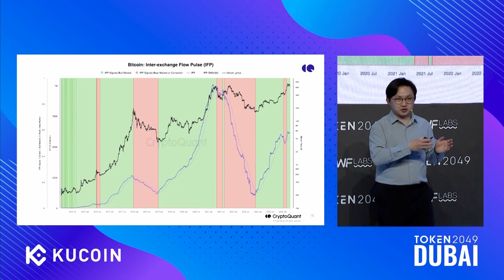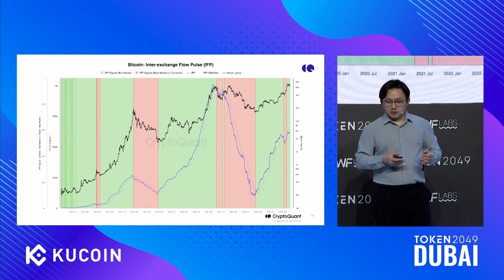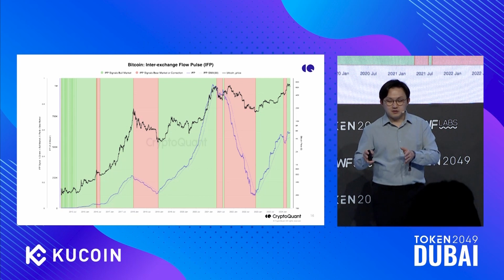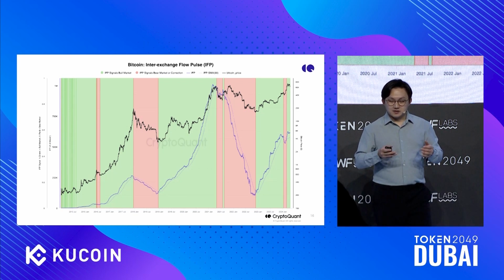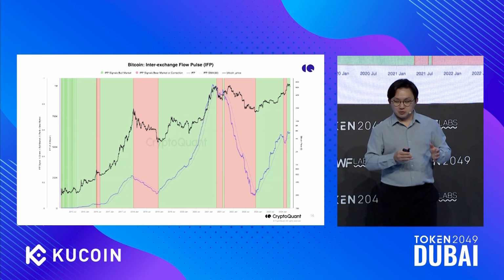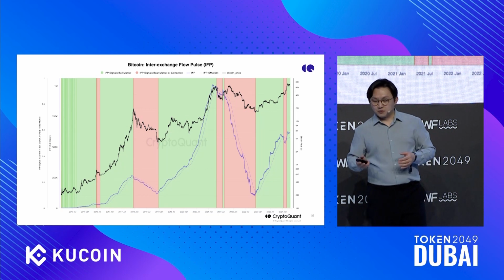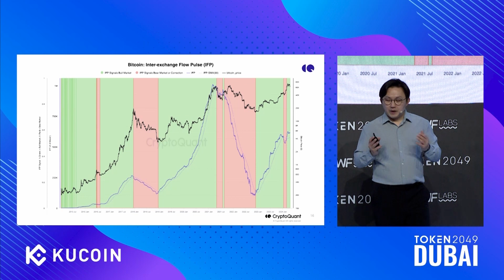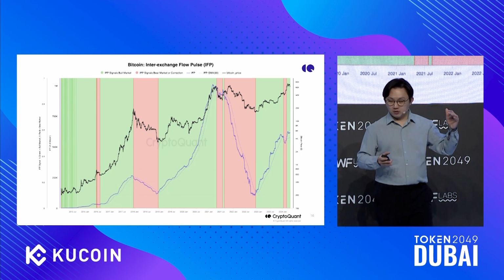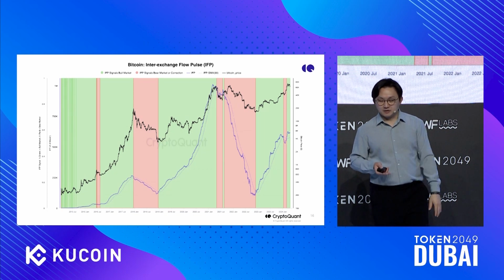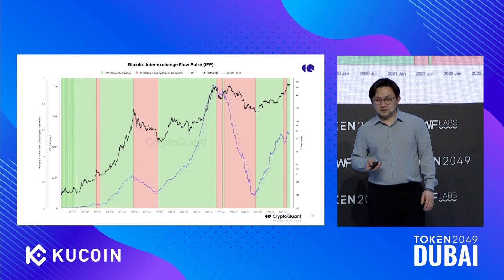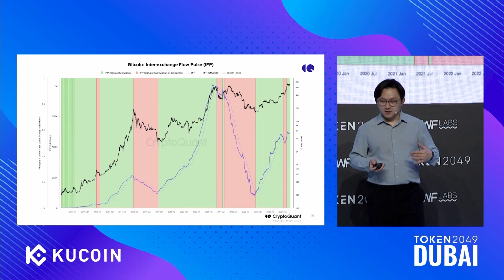In the green zone, old whales move their Bitcoins to derivative exchanges. So for now, whales are in risk-on mode, which means it's highly likely we're still in the bull market, because they put their Bitcoins up as collateral or to add long positions.